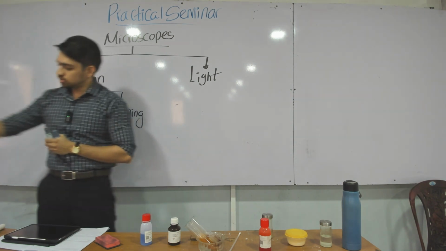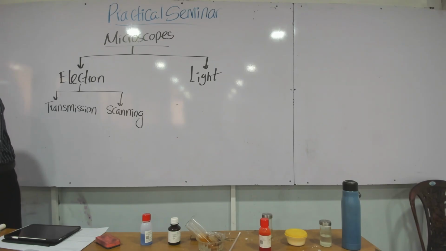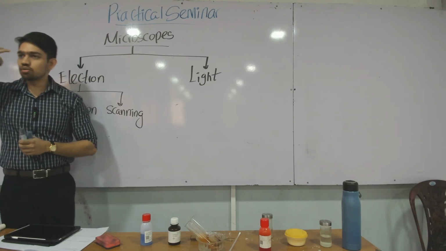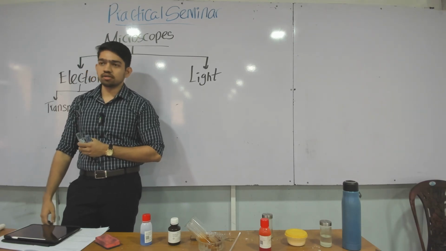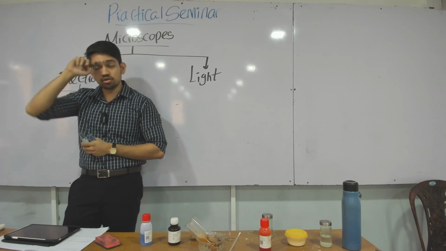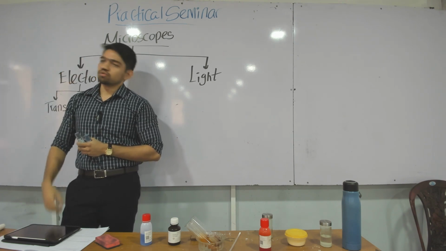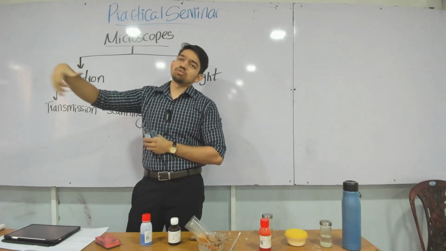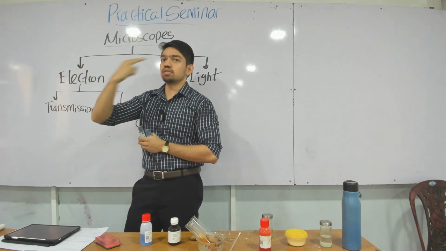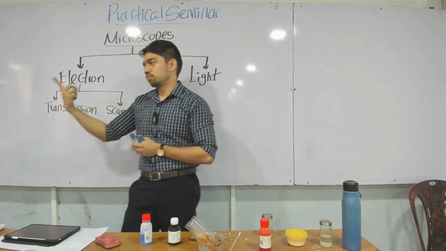In a light microscope, there's a way of providing light to whatever you're observing, and you can see it with your naked eye, because your eyes are photoreceptors, detectors for light. So with light microscopes you can use your own built-in sensors. But can you see electrons using your eyes? No. There's no sense organ in your body that can detect electrons. So for that, you need specific electron sensors connected to a computer. Using software, you can generate an image that you can see with your eyes. That's how electron microscopes work.